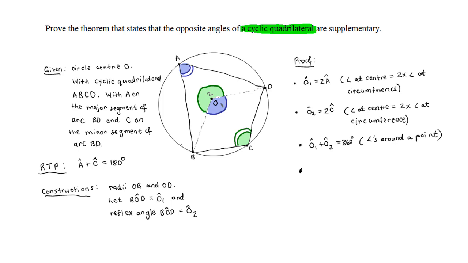Therefore angle O1 is 2A, plus angle O2 is twice angle C. This must equal 360 degrees. Pull out a common factor of 2, equals 360. Divide both sides by 2. Angle A plus angle C will equal 180 degrees. And there you go.